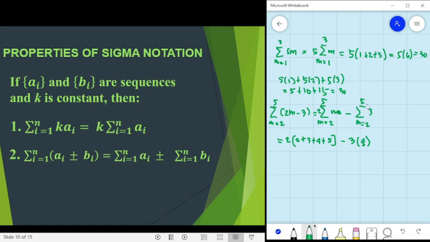There are four numbers. Right? So the sum of 2 plus 3 plus 4 plus 5 is equal to 14. Then 2 times 14 is 28, minus 12, so the difference is 16.